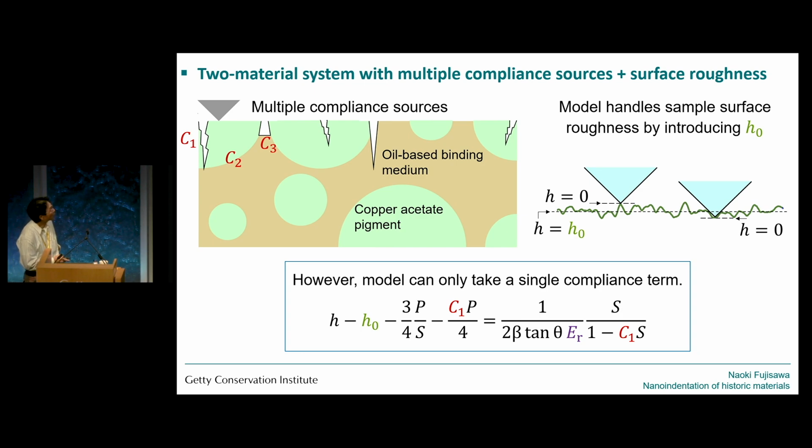But if you look at our model, you notice that there is only a single compliance element, although we know that there are multiple compliance sources, one resulting from cracks in the pigment, another due to the interface to this more compliant binding material, and there may be a third one due to the gap between particles or interface to a binder.